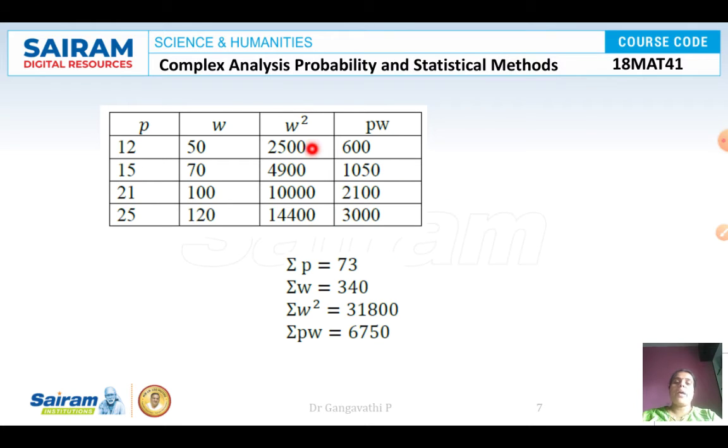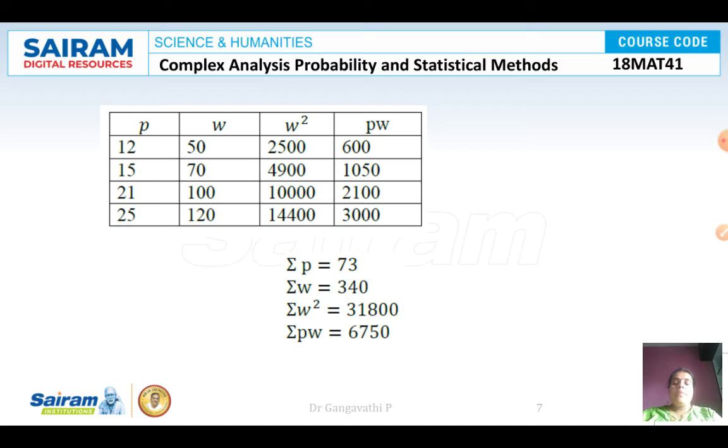And W square values are tabulated here: square them, 50 square, 70 square, 100 square and 120 square. Now multiply P and W and tabulate it here. 12 into 50 is 600. 15 into 70 is 1050. 21 into 100. Then 25 into 120. Likewise, tabulate the data and complete the table.